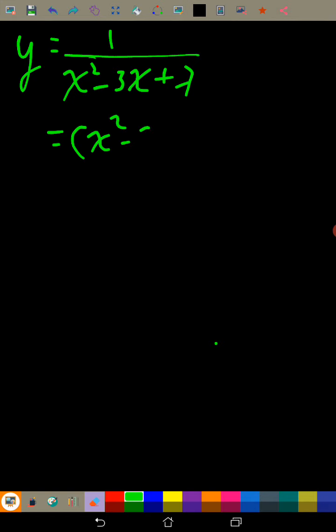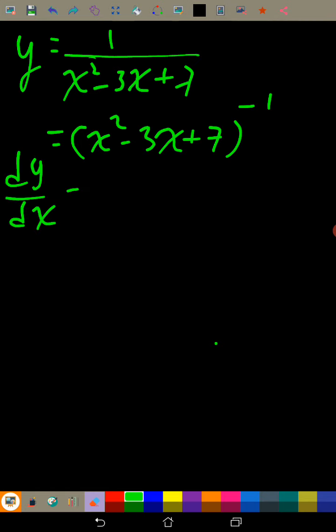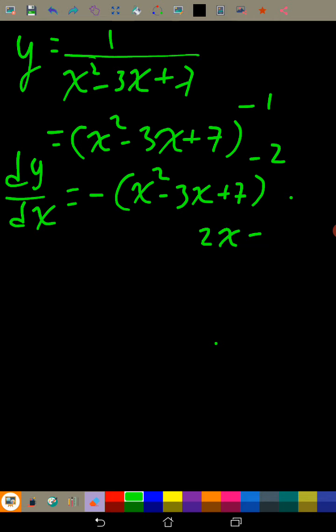x squared minus 3x plus 7 to the power minus 1. I think now it's good, and I can just do the dy by dx by using the chain rule, minus (x squared minus 3x plus 7) to the power minus 2 times 2x minus 3.